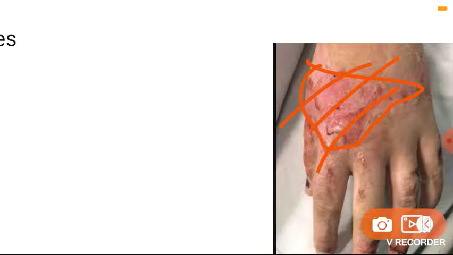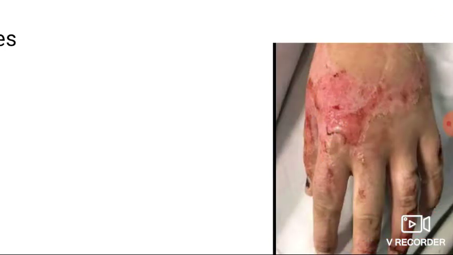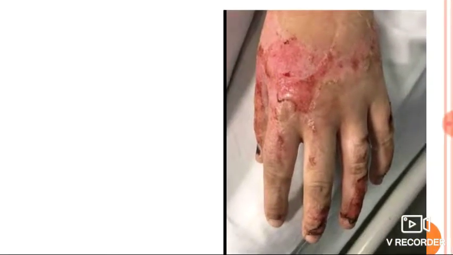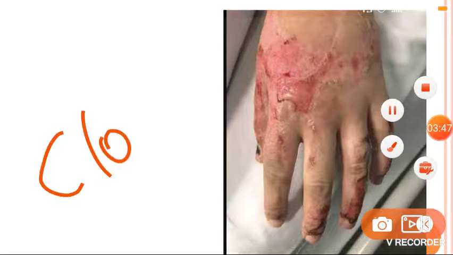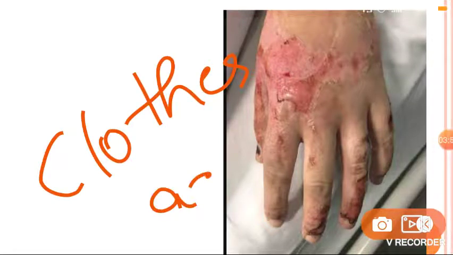The resulting scar is thin and less contracted. The scar is not contracted, you can see. Clothes are wet, but clothes are not burnt. This is another forensic point that you will write.